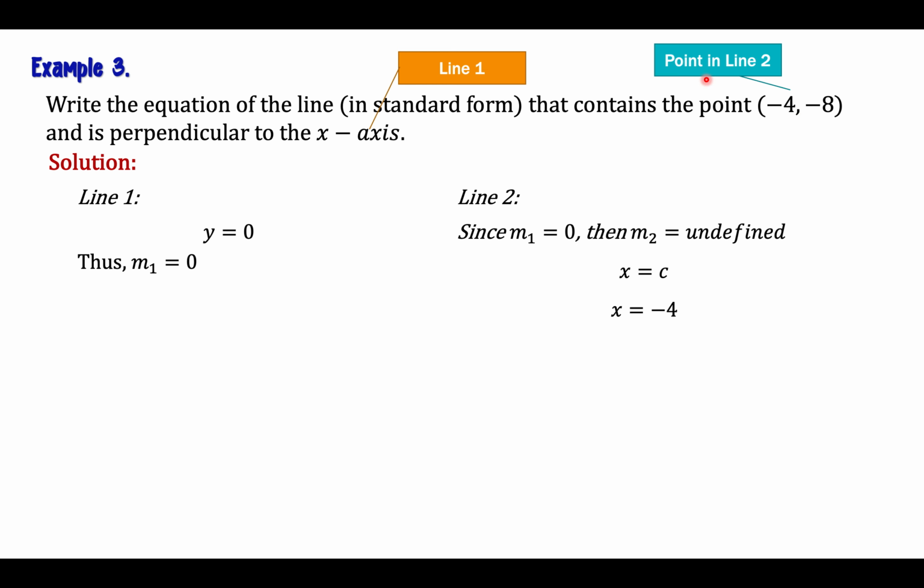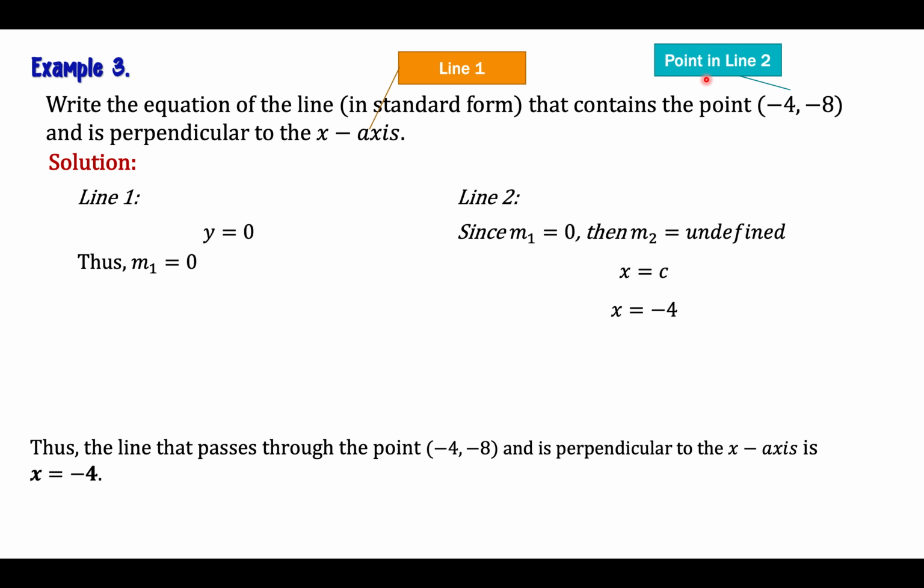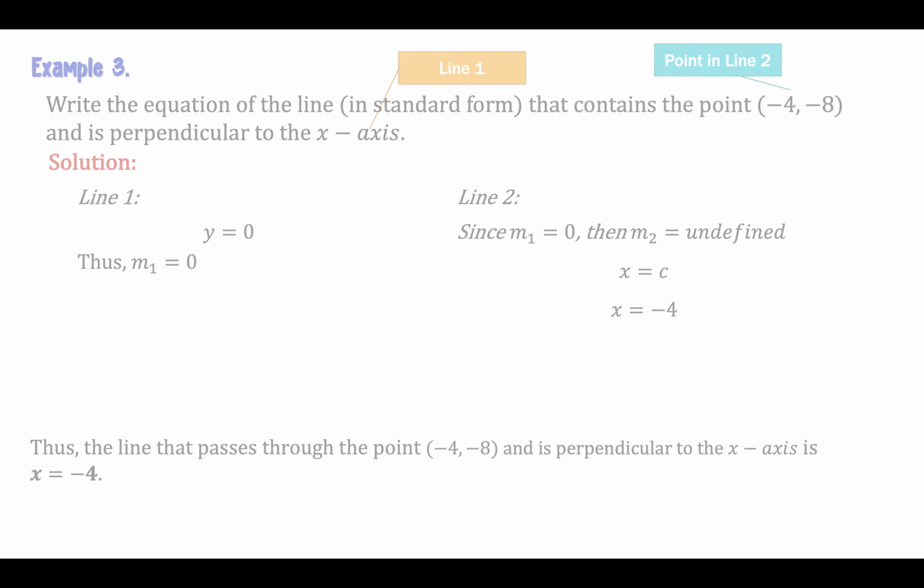So x should be equal to -4. Therefore, the line that passes through the point -4, -8 and is perpendicular to the x-axis is x is equal to -4.